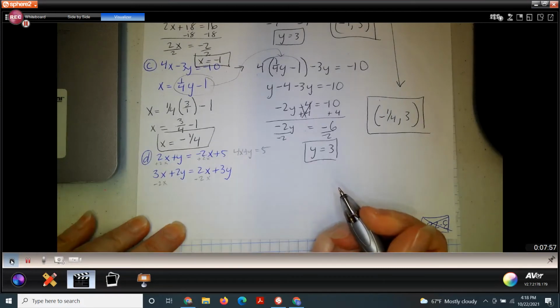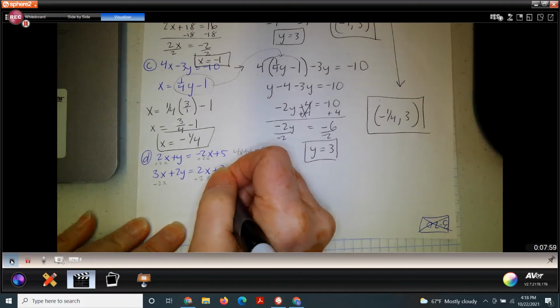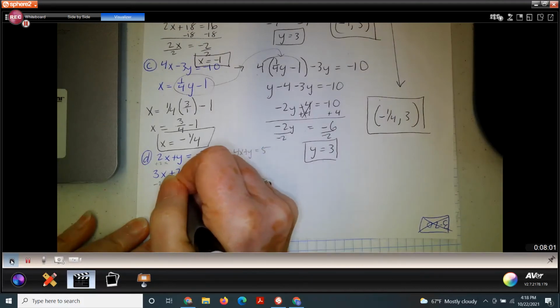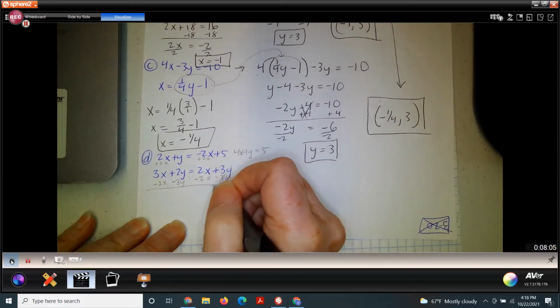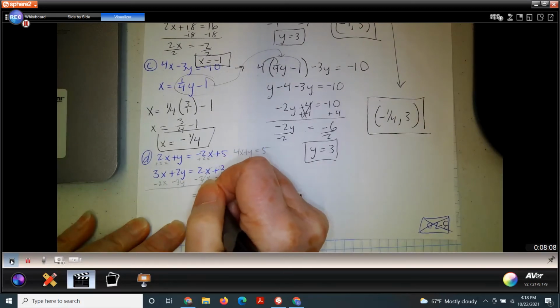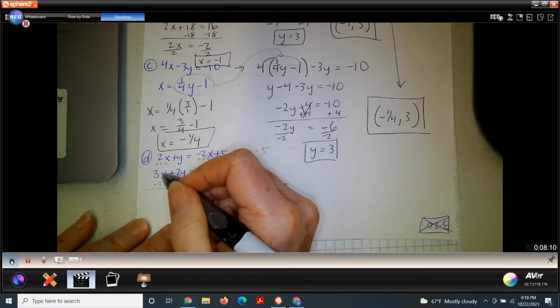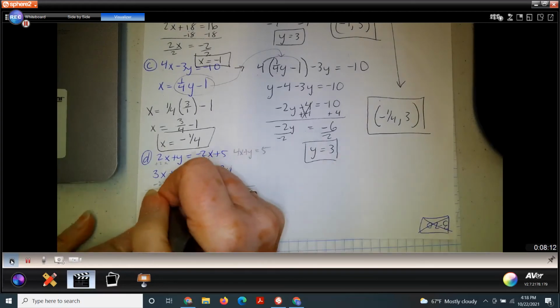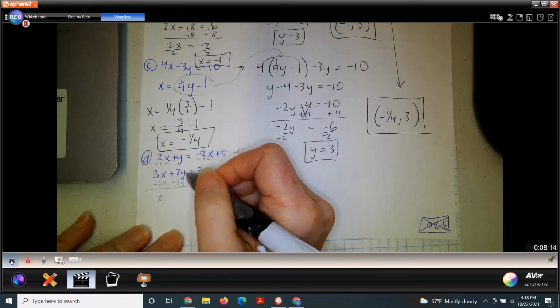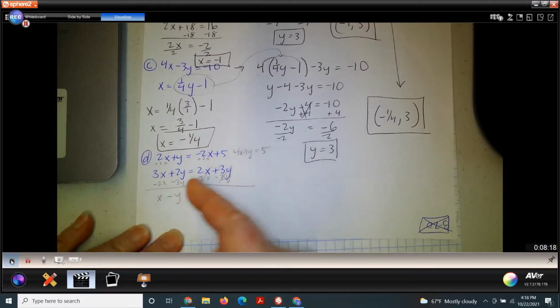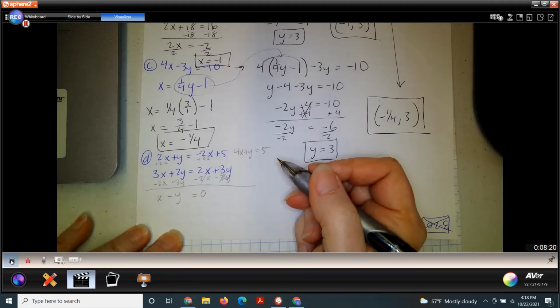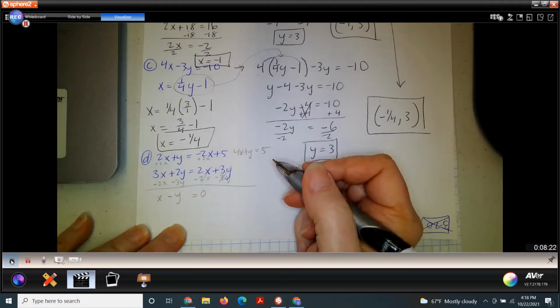And I guess I'll minus 3y also. So that makes the right-hand side equal 0. And over here I've got 3x minus 2x is x, and 2y minus 3y is negative y. So this whole thing can be written as x minus y.